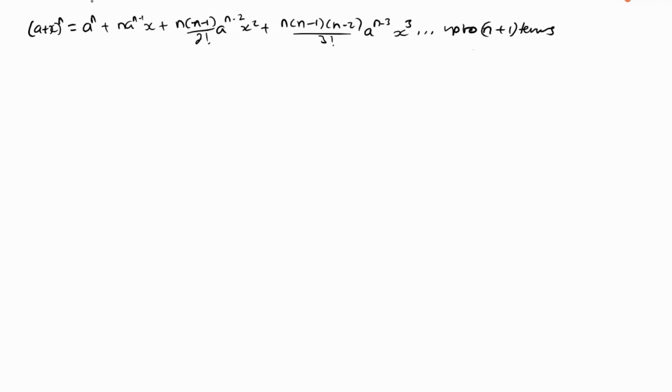Now the value of n may be a positive integer. It can also be a negative integer, and it can also be a decimal fraction. When n is a positive integer, the series is finite, and that means it comes to an end.